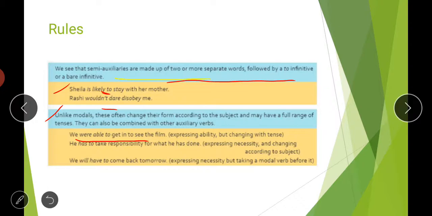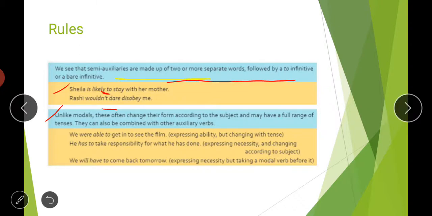So here we are expressing the ability that we were able to get in to see the film, but changing with tense, we are using were here and able to. So here the word able to, which is a semi-modal, is used with your helping verb were. So we are using these words to express ability.